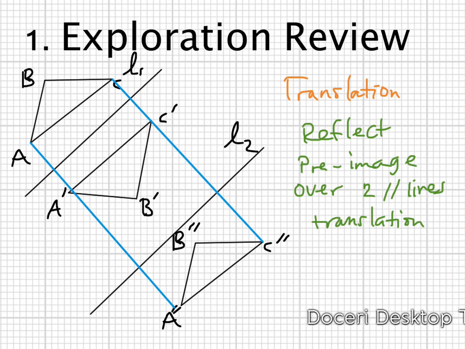And any other line segment I connect with any other type of object, if I connect the original, the pre-image, with my double prime image, the line segment would go through all the same points. So A, A prime, A double prime is all connected. And again, our lines bisect those portions.